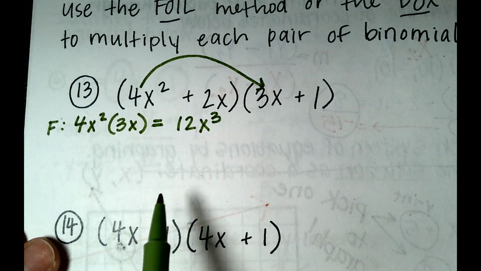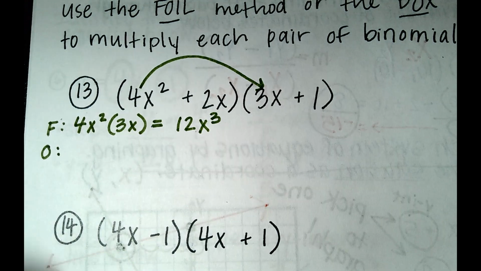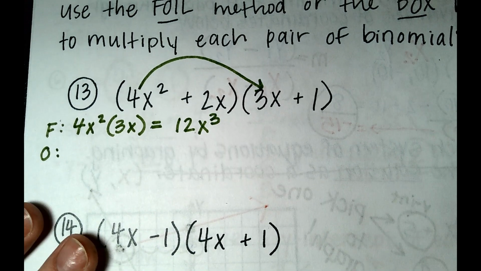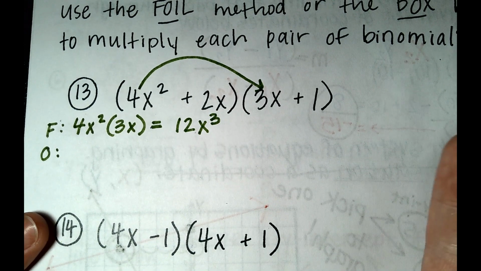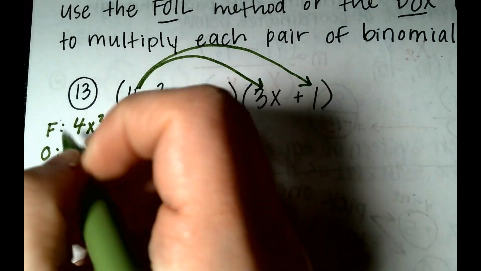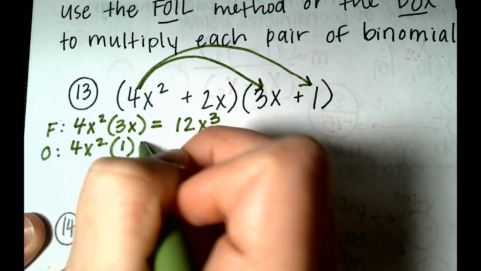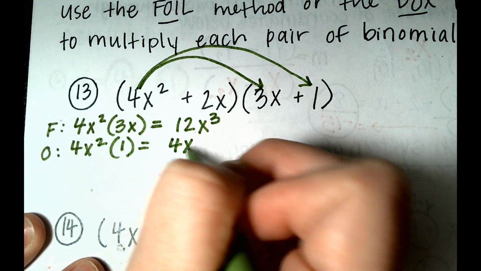Okay, now we're at the outer terms, the O in FOIL. What do I multiply next? Good. 4x squared times 1. Perfect. That will just be 4x squared.